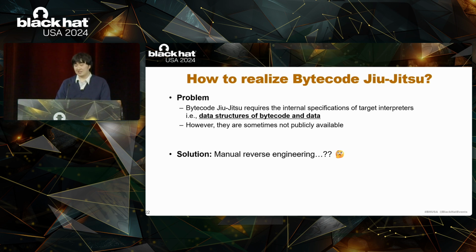To make things worse, some interpreters like VBScript don't even have their source code publicly available. So does that mean we need to manually reverse engineer each and every interpreter binary? Can we maybe automate that process?